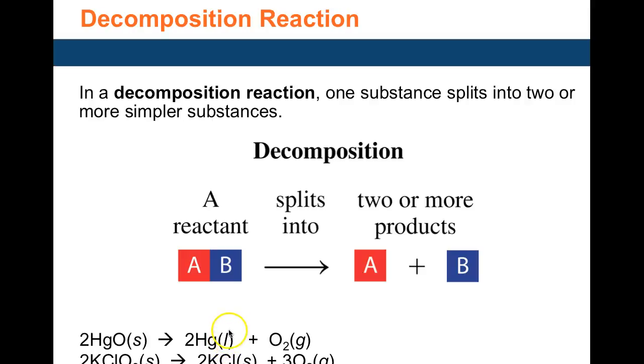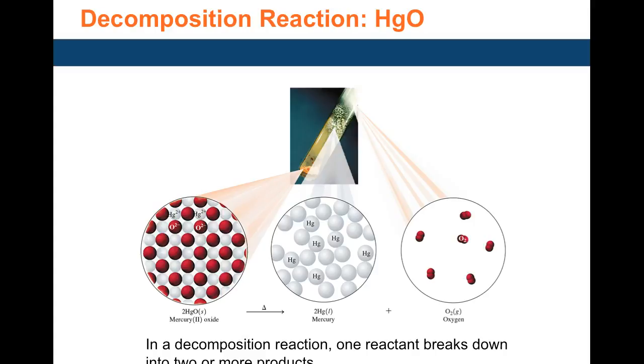It's a metal, but it's a liquid at room temperature, and the oxygen comes off as gas, right? So that is a decomposition reaction where you have just a single reactant and you're getting two or more products, all right?